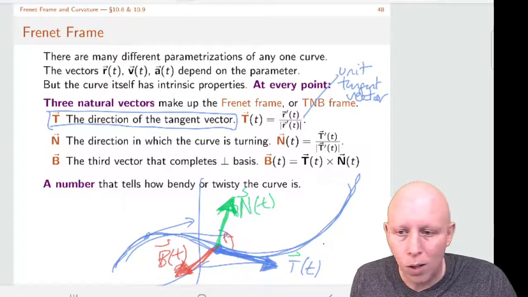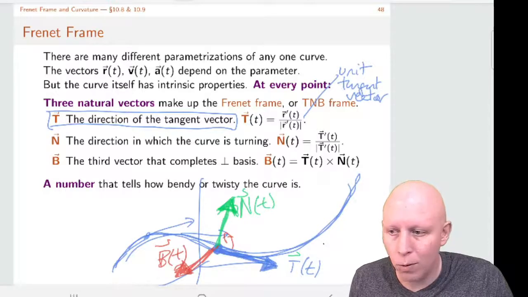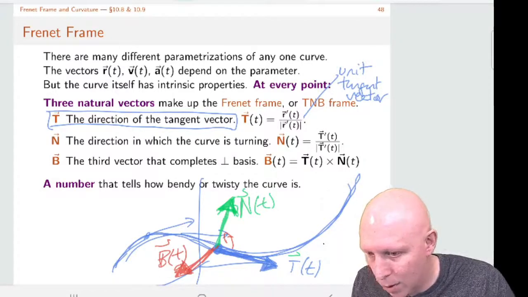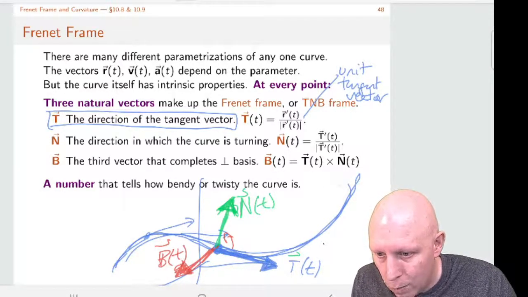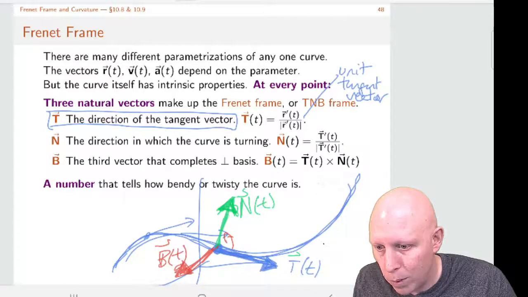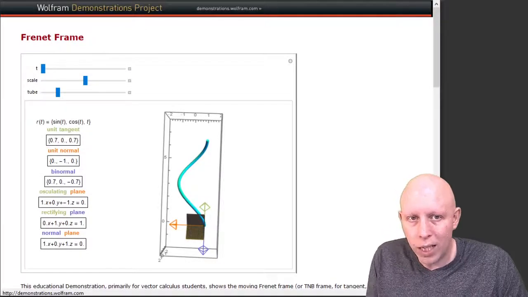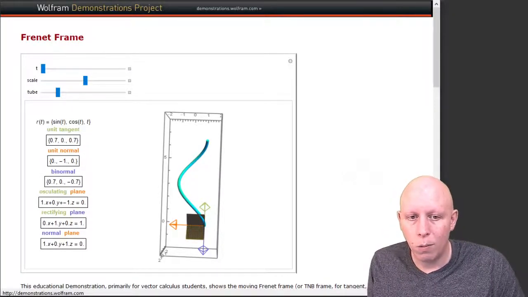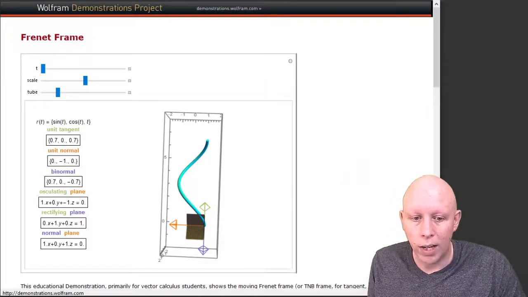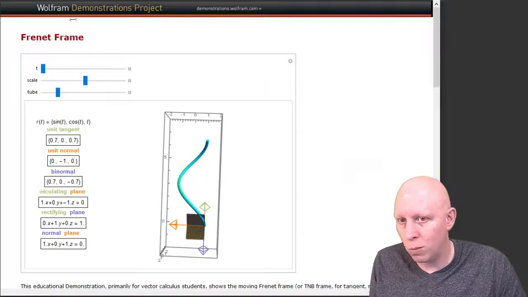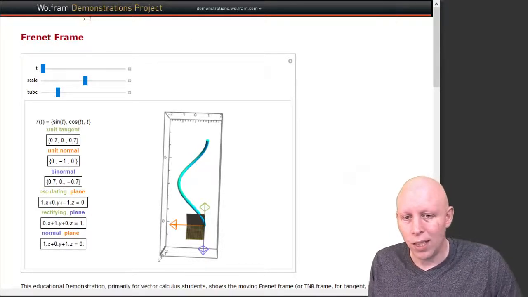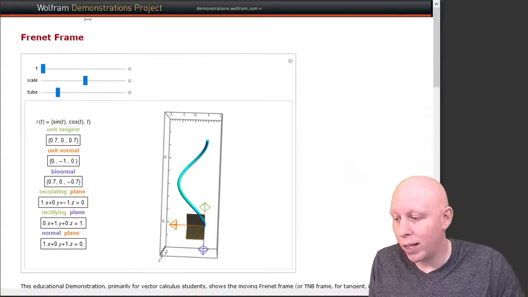Let me pull up another picture here that we can use to see this a little bit more in action. I've put a link to this on our web page. This is one of the many demonstrations available at the Wolfram Demonstration Project, which lets you see really cool things that Mathematica can do.